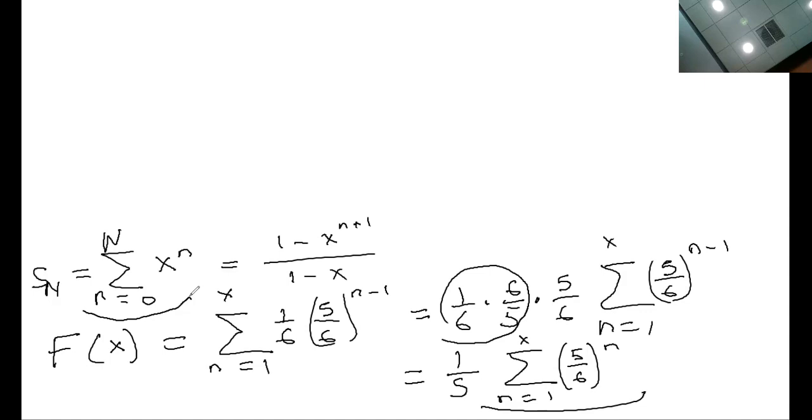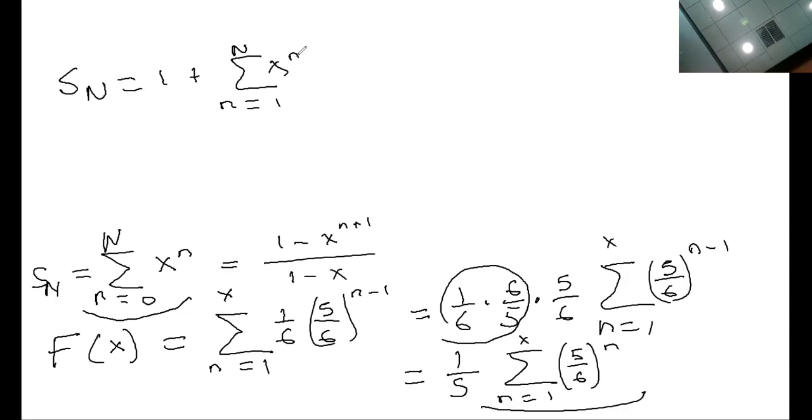Look, we have two ways of resolving this. We can consider that the expression we have here is S_n minus 1. Look, S_n is actually equal to 1 plus the sum as n equals 1 to n of x^n.